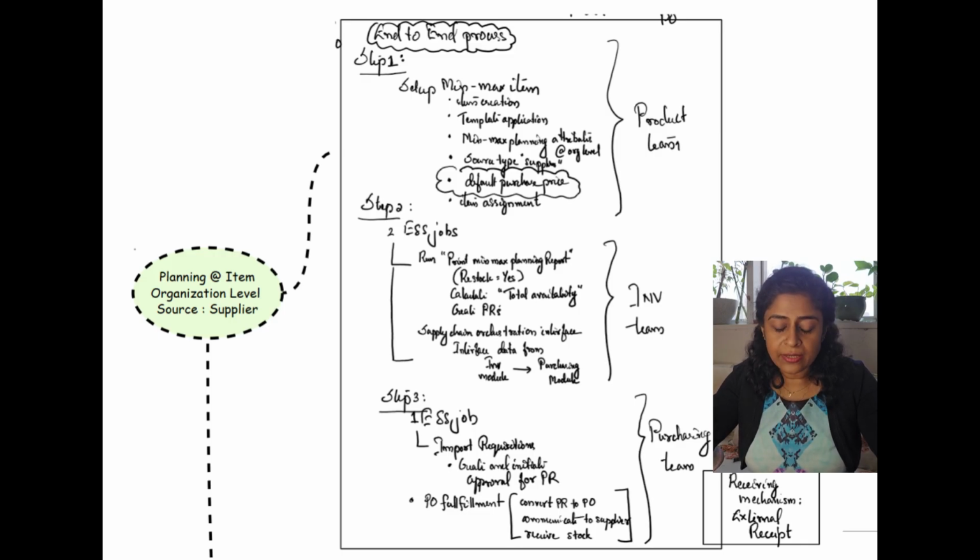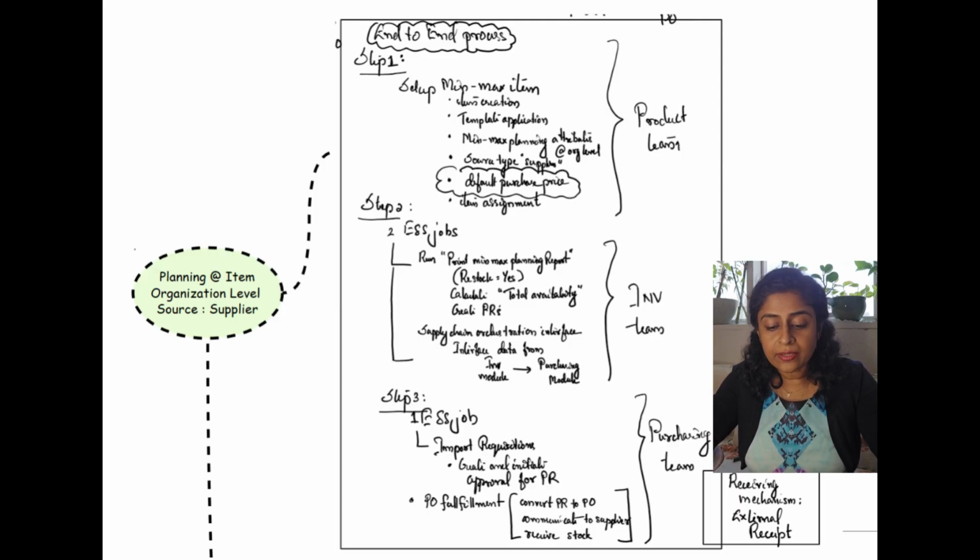If replenishment is required, the system automatically generates the purchase requisition. To pass this requisition to purchasing, the team runs the process supply chain orchestration interface program, which transfers the data from the inventory module to the purchasing module's interface tables.